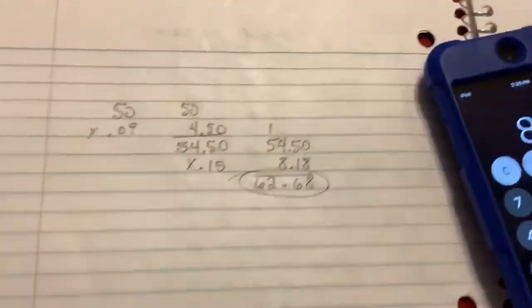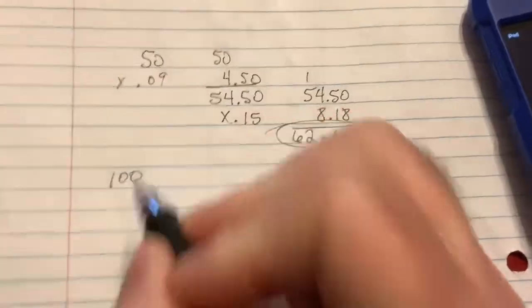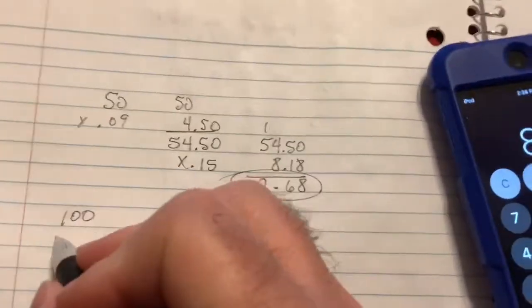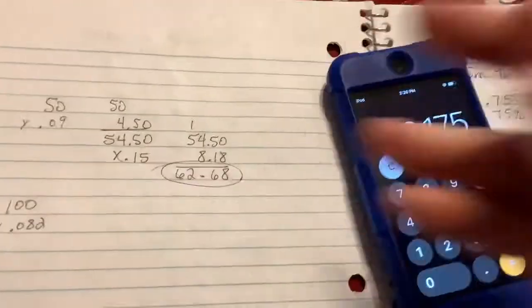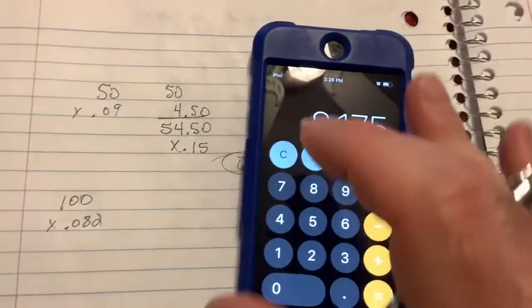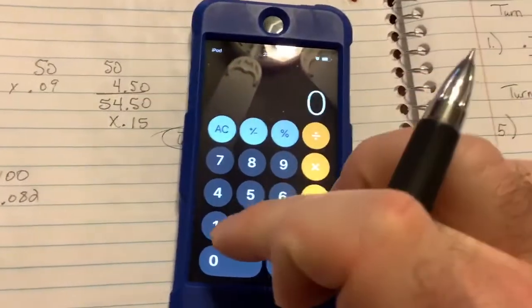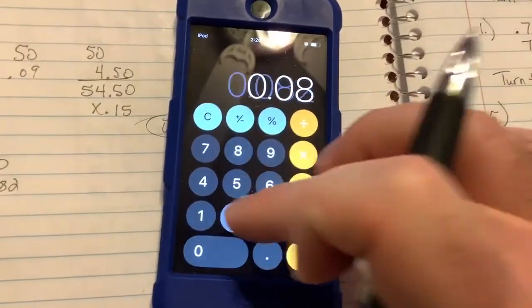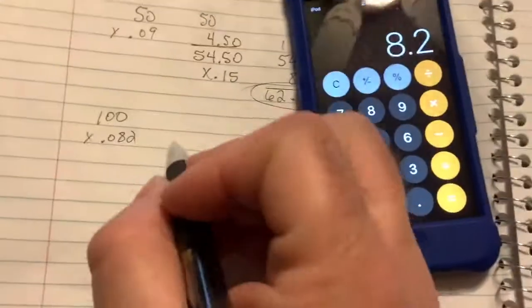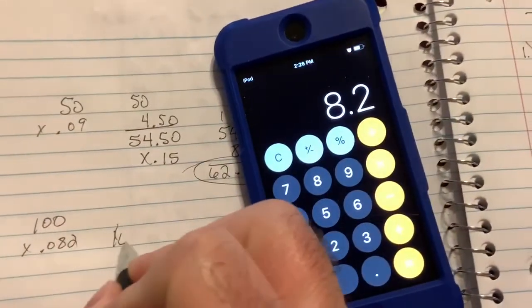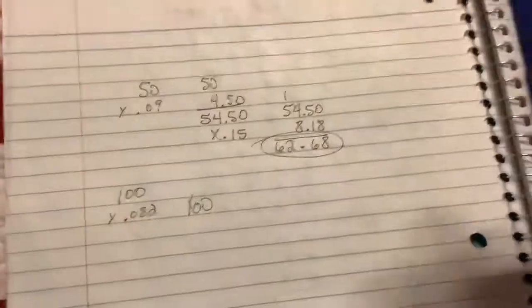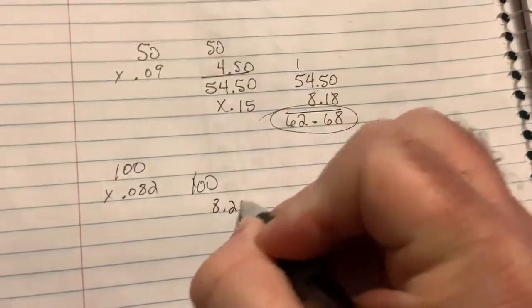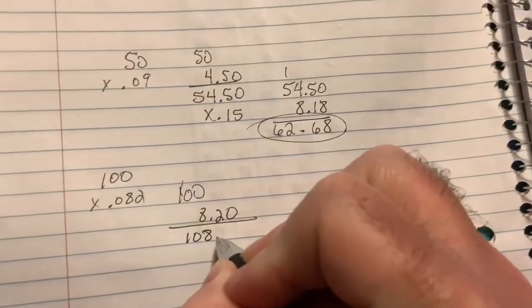Okay, so let's do number 18. That's a $100 meal. We're going to do 8.2% tax. So $100 times 0.082. Okay, so $8.20. So $100 and $8.20, so 108.20. And then we're tipping 20% tip.